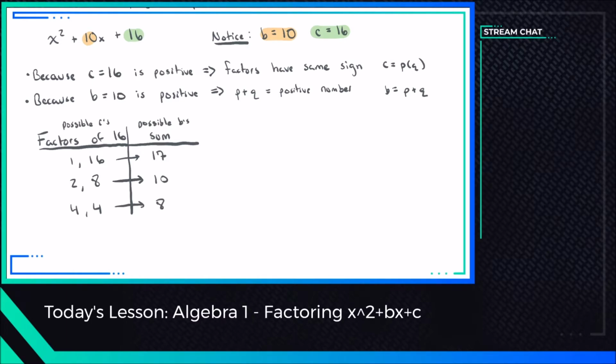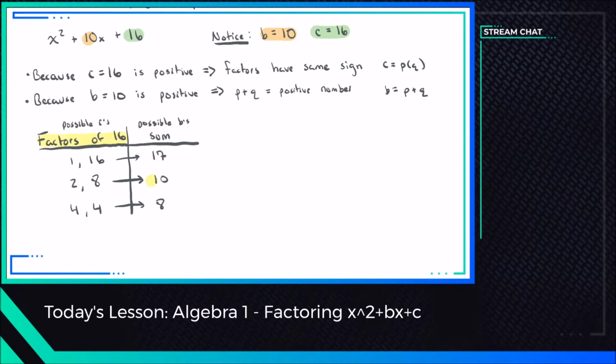Now we need to find the pair of numbers that satisfy this b and c. Our c needs to equal 16, so all of these fall under the category of 16. We need to find the sum that is 10.